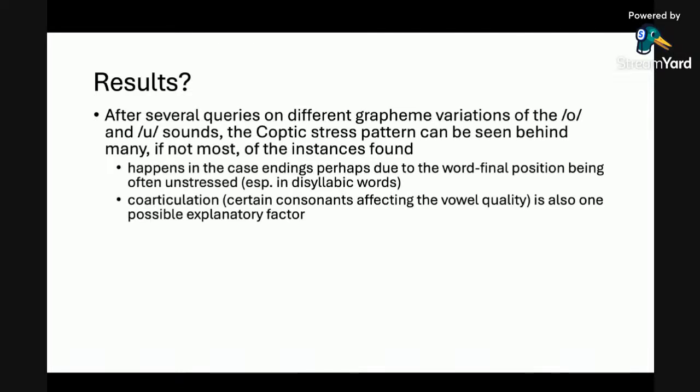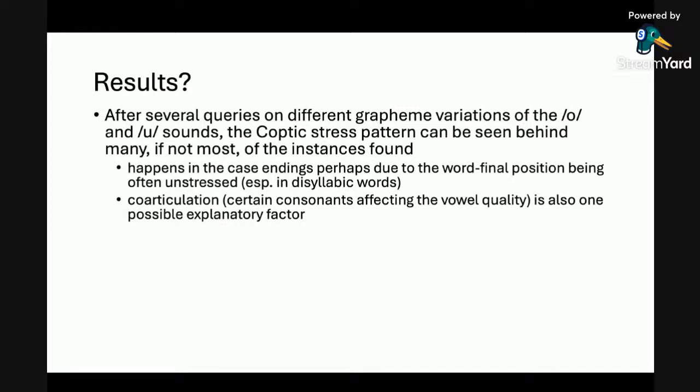So what would be the results for this very short case study? After several different queries on different grapheme variations of the O and U sounds, the Coptic stress pattern can be seen behind many, if not most, of the instances we find. So it happens in the case endings, perhaps due to the word final position being often unstressed, for example in disyllabic words.